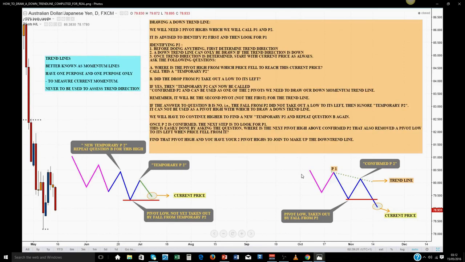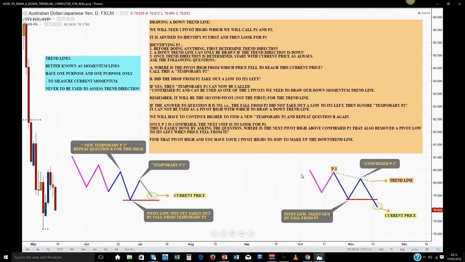I'll say that again. We do not use trend lines to assess trend. We use trend lines to assess momentum. The most recent momentum. That's the only purpose for having any line on your chart that is a trend line.